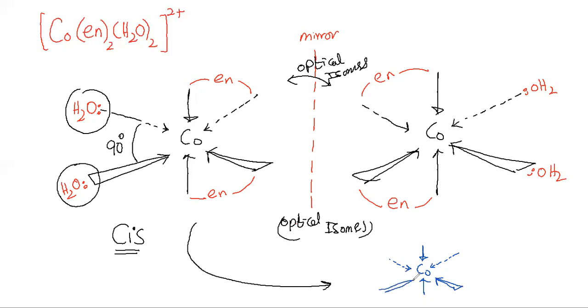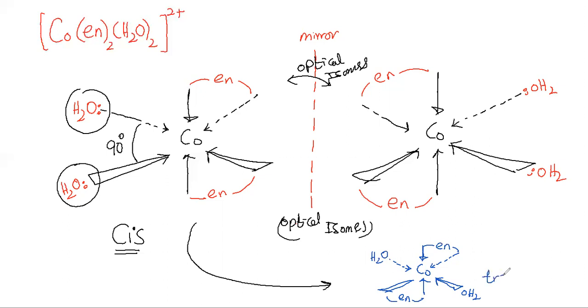So trans में, if you draw one of the water molecules here and the other water molecule here, so remaining En will be like this. One of the En is here, the other En is here. ठीक है? So now there is 180 degree between two water molecules.